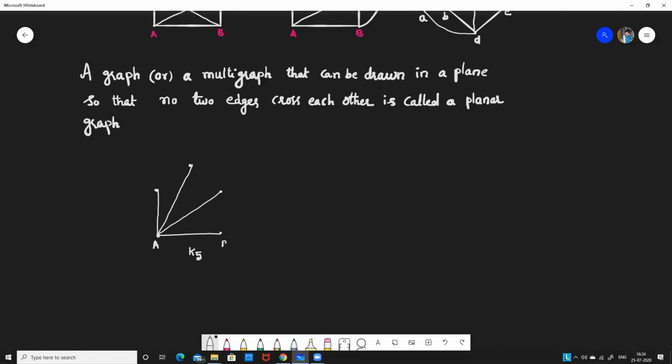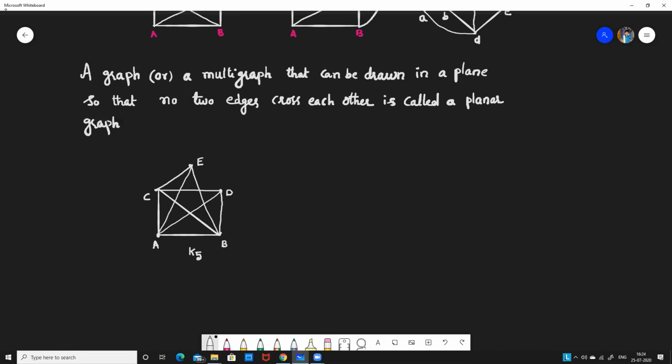Similarly, with respect to vertex B, we want to create 4 edges: 1, then 2, next 3, and 1 edge is already completed here. So these are the 4 edges drawn from B. Next, if I take C, from C to A completed, C to B completed, we can take C to D, and then C to E.